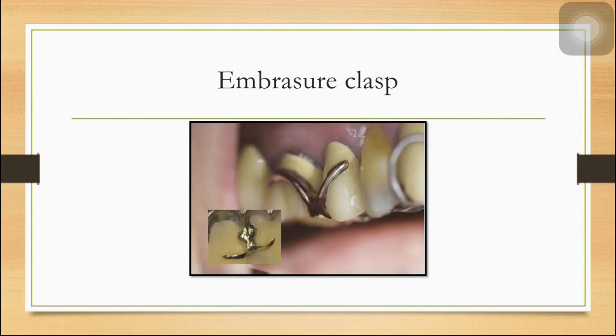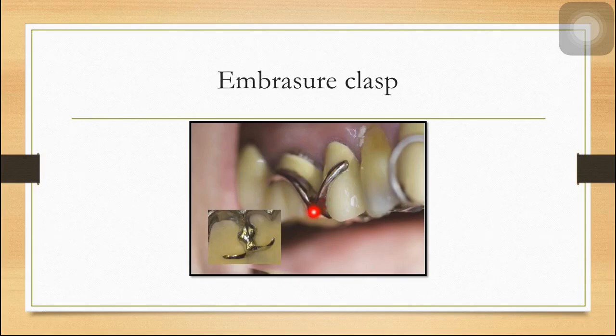Here you can see that the embrasure clasp basically engages not one tooth but two adjacent teeth, and the interproximal area is used.